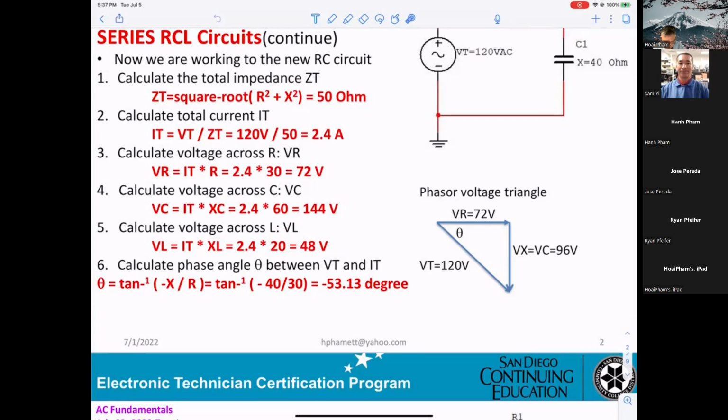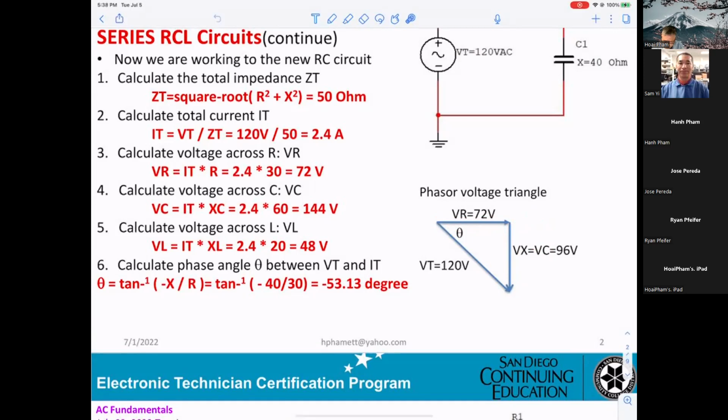And finally, they want to calculate the phase angle. Okay, and that will be equal to minus tan inverse of X over R. You get minus 53. You know, this is what we call a phasor voltage triangle. If you draw the VR, then what is the VC or VX?